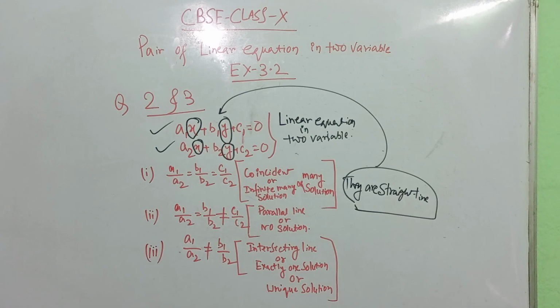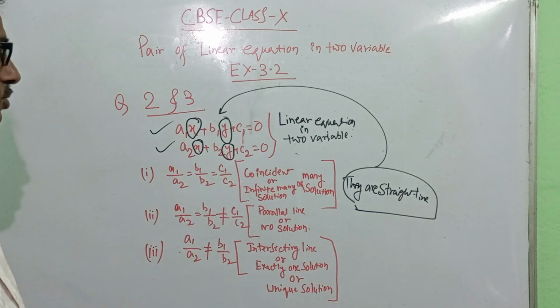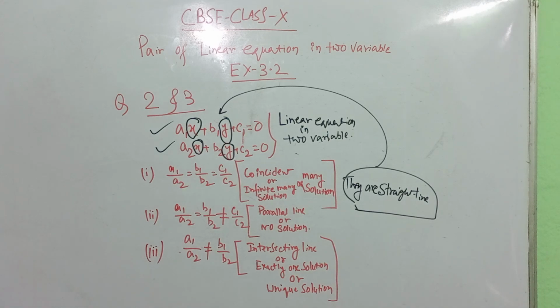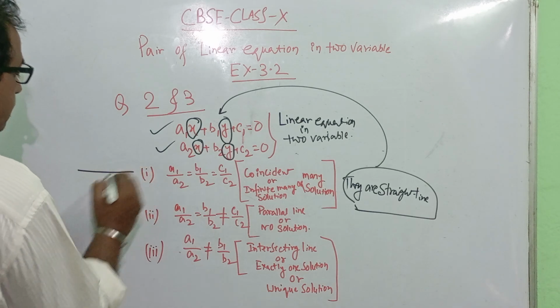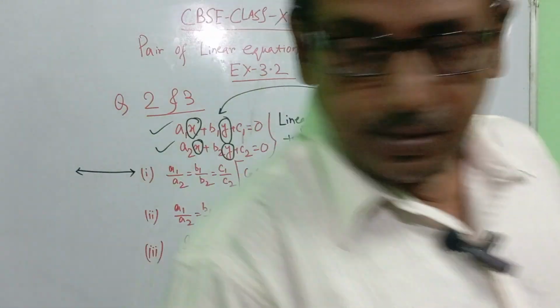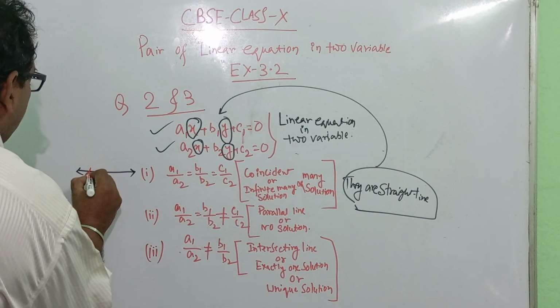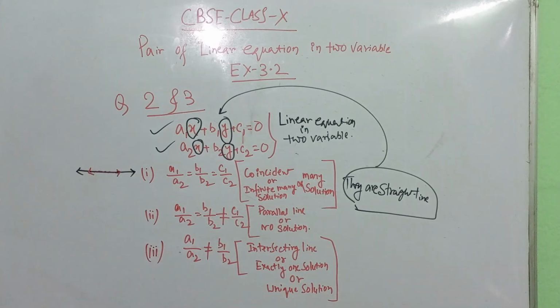Now first one we see that if the ratio of the coefficients a1 by a2, b1 by b2, c1 by c2 अगर इक्वल होता है तीनों, देन हम लोग क्या बोलते हैं इसको? कोइंसिडेंट. मतलब एक जो लाइन है, दिस इज वन ऑफ द लाइन, उसके ऊपर और एक लाइन बैठ गया. दिस इज कॉल्ड कोइंसिडेंट.